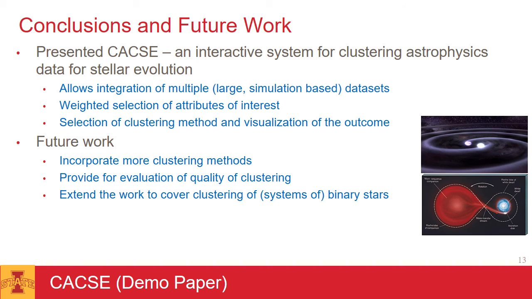The main difference with the work that we presented so far is that when it comes to binary systems, two stars are entangled with each other, and many interesting phenomena can happen. One of the stars can be a donor, the other one can be a creator of mass or other elements.